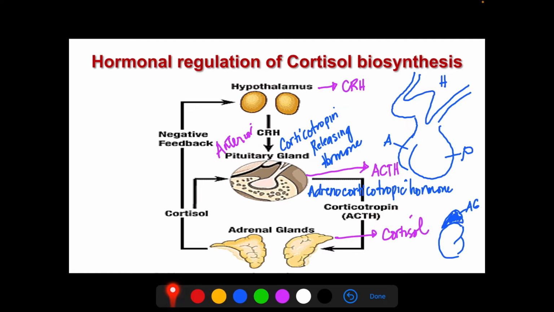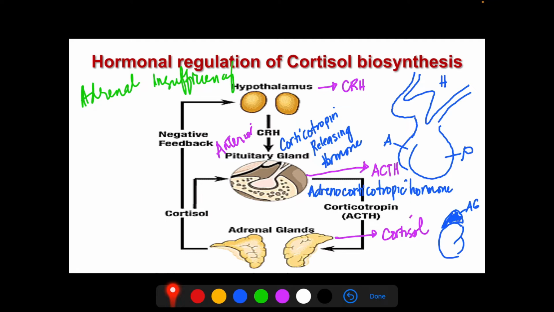Again, for example, if the patient has adrenal insufficiency, that means the adrenal gland, particularly the adrenal cortex, might not be producing the cortisol. Or it may be because of tumors located near or in the pituitary gland that decrease the ACTH production and could result in a decreased cortisol level.